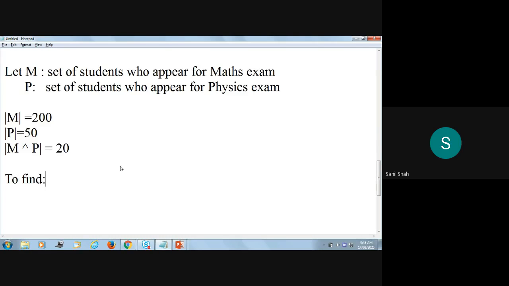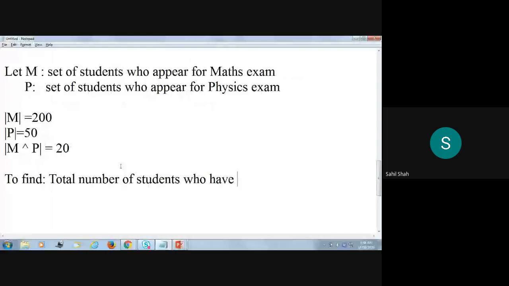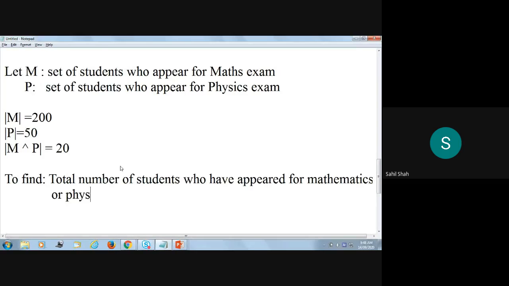See the way I am writing the solution, I am expecting the same type of solutions from your side. Okay, to find the total number of students who have, let's observe what is given, appeared for mathematics or physics examination.